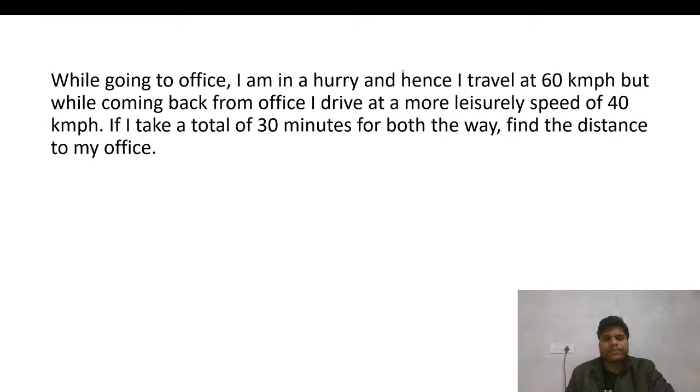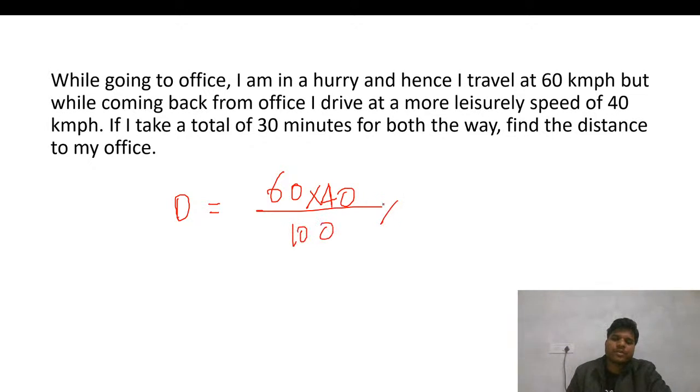Okay, so let's see what the equation will be. Chandrika, now just see, this is the equation that I was talking about: 60 into 40, and now s1 plus s2, over s1 plus s2, equals 30 by 60. So this equation is s1 s2 over s1 plus s2, equals total time. Is this clear, Chandrika?